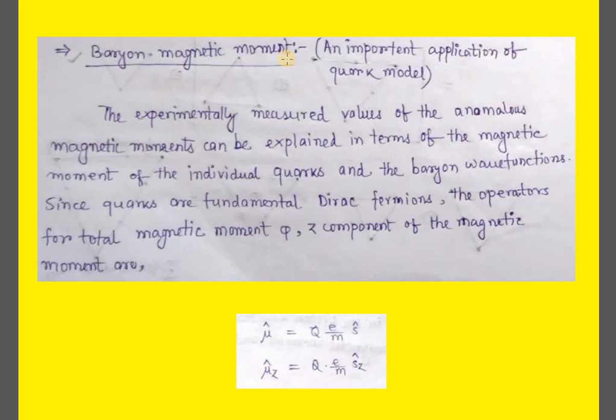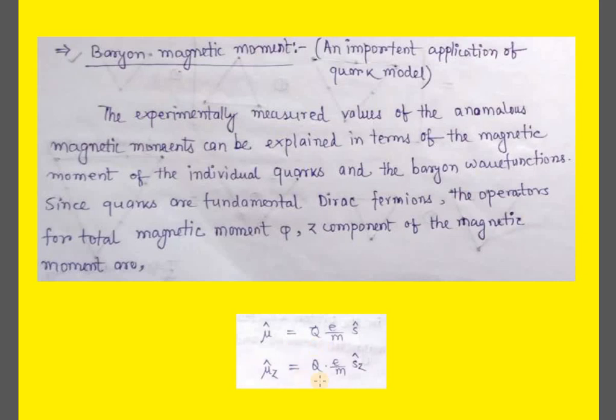You see, the experimentally measured values of the anomalous magnetic moments can be explained in terms of the magnetic moment of the individual quarks and the baryon wave functions, which we have calculated in the previous lecture. Since quarks are fundamental Dirac particles, the operators for total magnetic moment and also the Z component can be given as this.